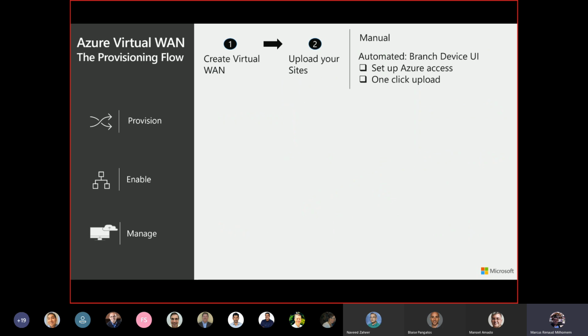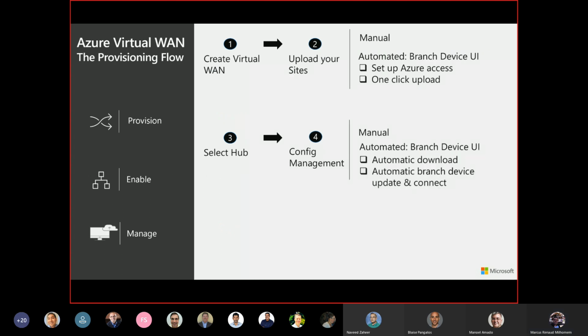Again, if you're using one of the VPN gateways from our partners that are already prepared for Virtual WAN, it'll be automatic. You're going to select which hub is your entrance point into your virtual WAN. You will do the configuration management of it, right? You will either download the configuration and send it to your branch office, or this is going to be automatic depending on which kind of VPN gateway you have, and pretty much you're going to just access and monitor, right?